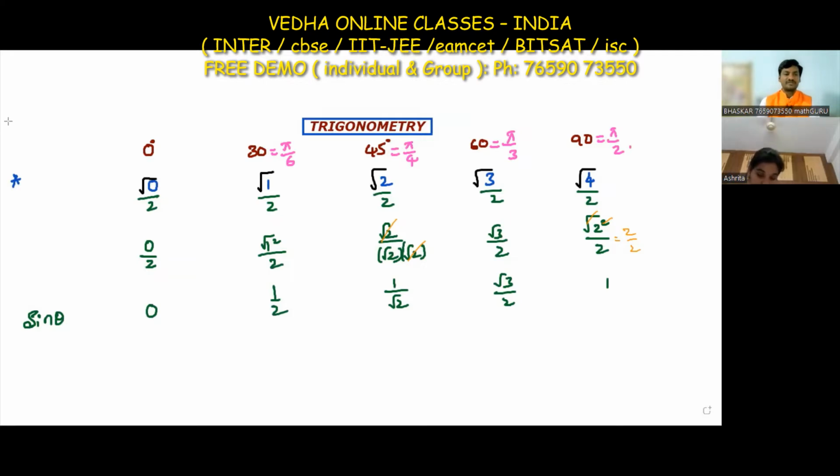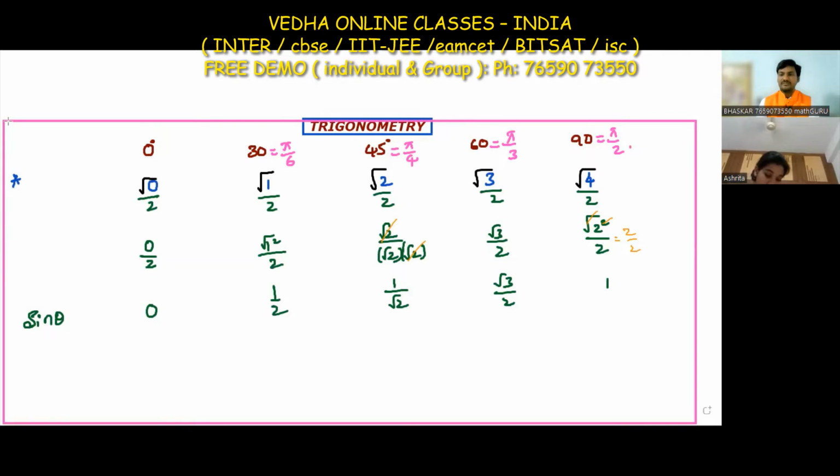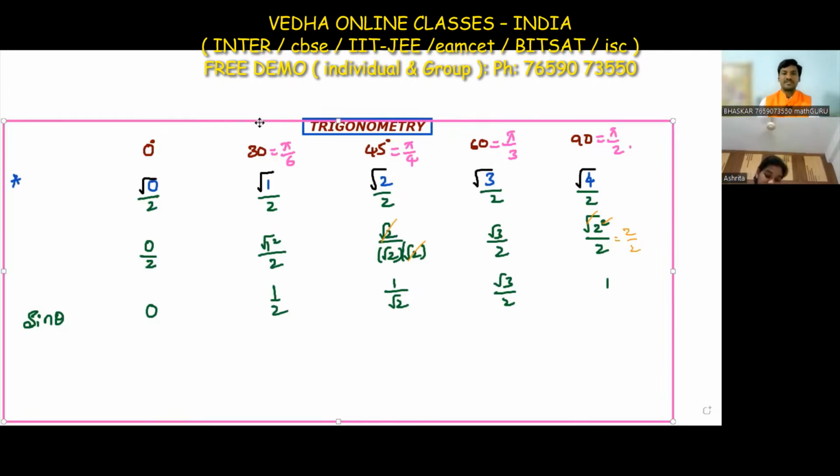So now this is the trigonometric values table. In this, the first one is very important. If you know the first one, we can write the other values easily.